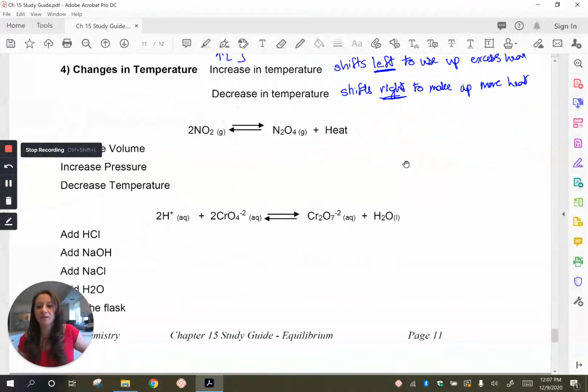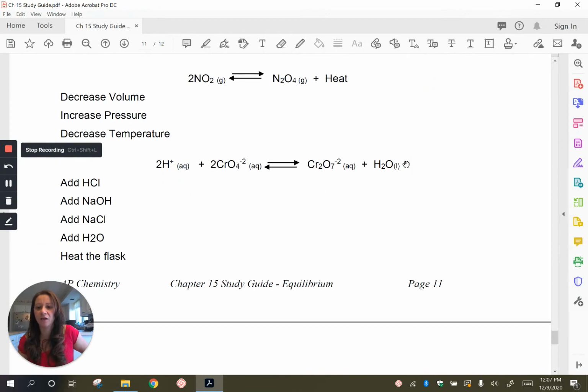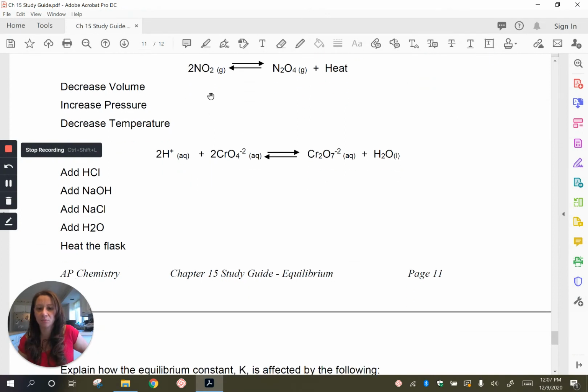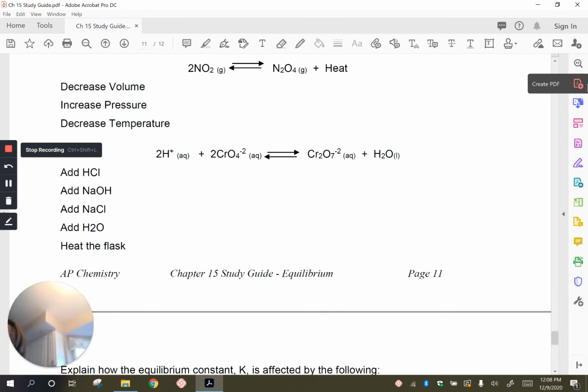Okay, let's look at another example here. Here we have 2NO2 reacting together to form N2O4 and heat. So this one is also an exothermic process. Let's see, if you decrease the volume, what is going to happen? Well, if you decrease the volume, then the concentration will go up.